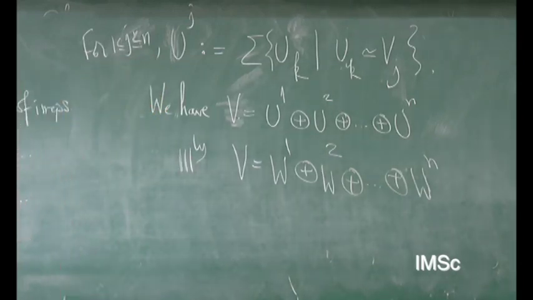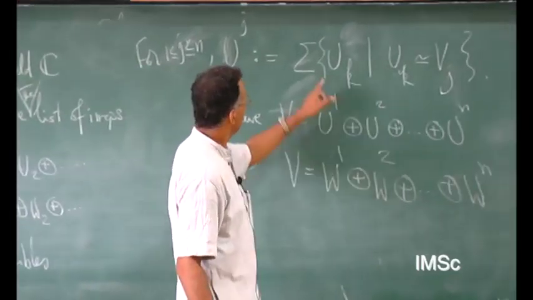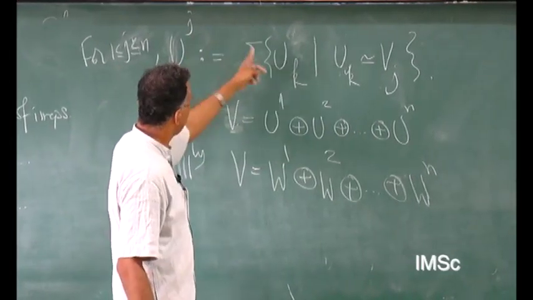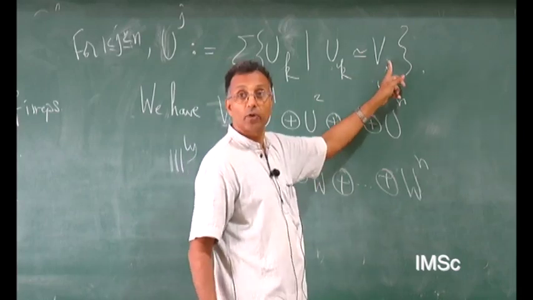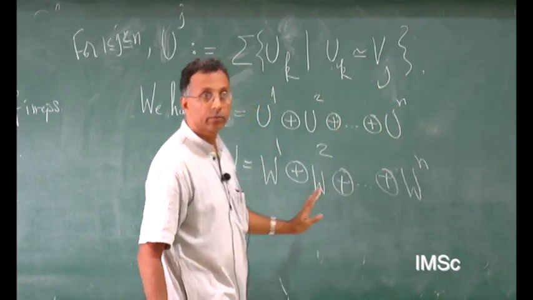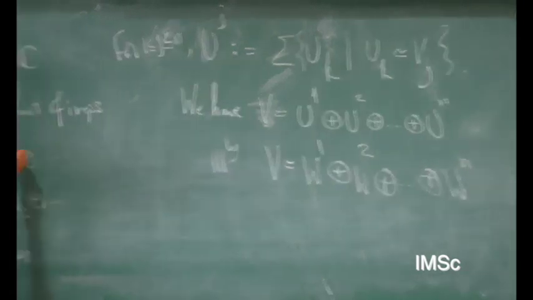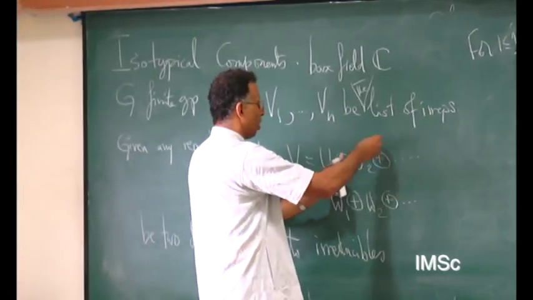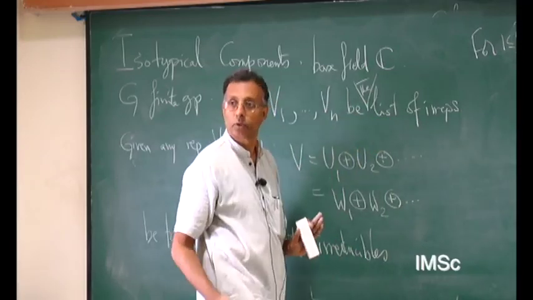Similarly, I'm not writing this out, but this W upper j will be the sum of W sub k such that W sub k is isomorphic to V sub j. Correct? So what you did was you took all these that are isomorphic to V1, isomorphic to V2, isomorphic to Vn, put them together.